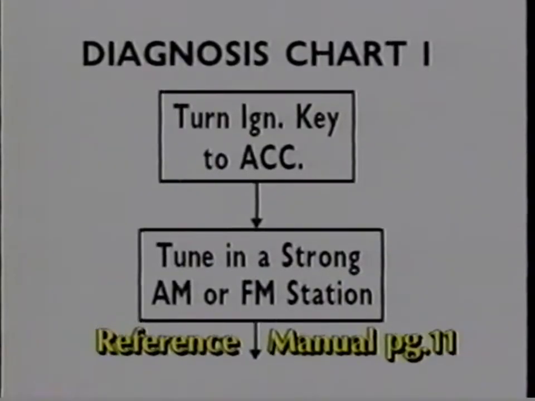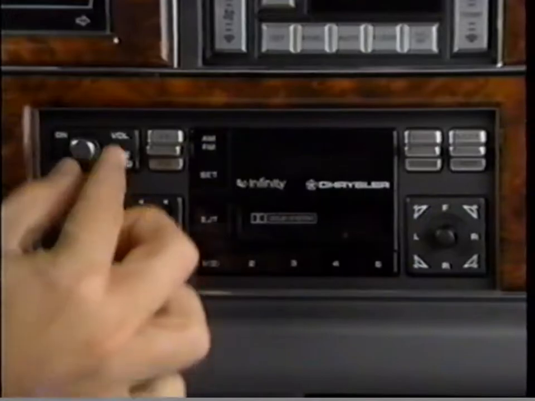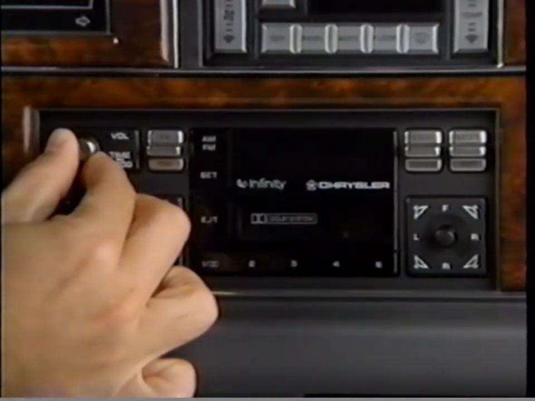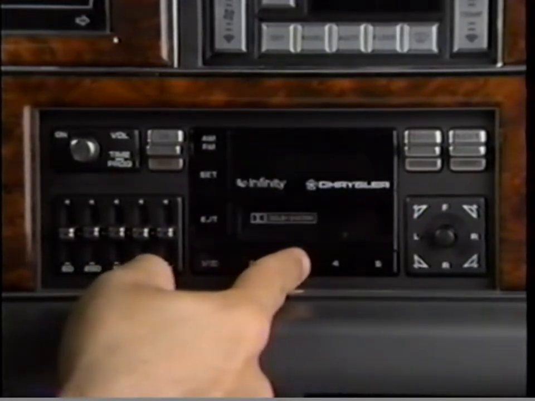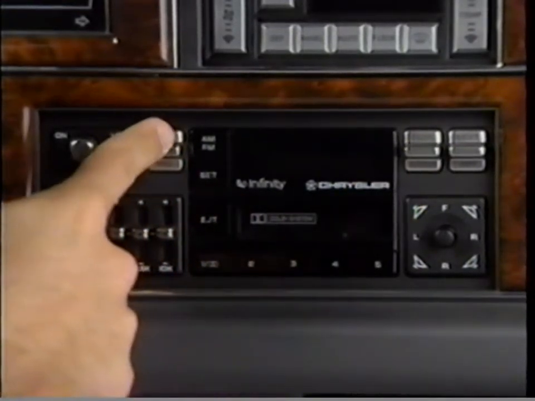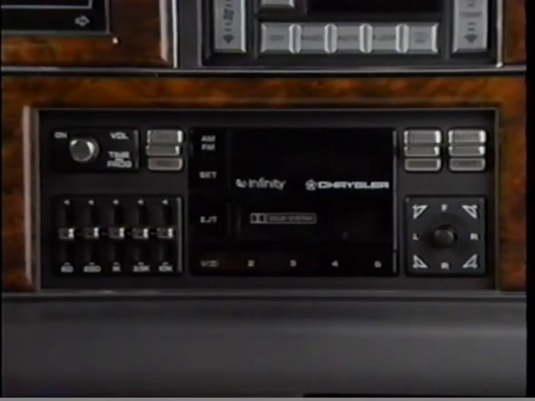What if there's no audio or display at all from the radio or tape player? Using Chart 1 in our Mastertech reference manual, we first make sure that the system is powered up and that it's tuned to a known strong AM or FM station. There is no audio and no display on the radio. Next, we check for voltage to the radio.